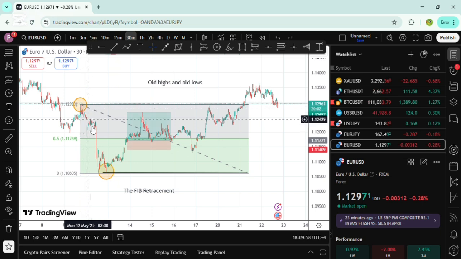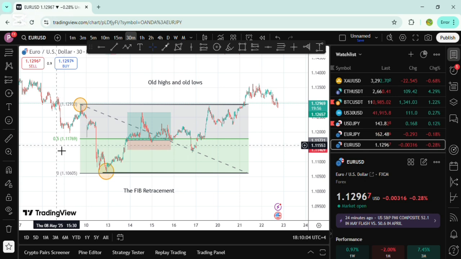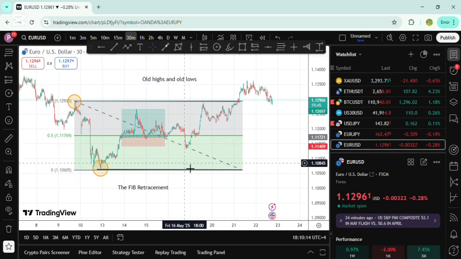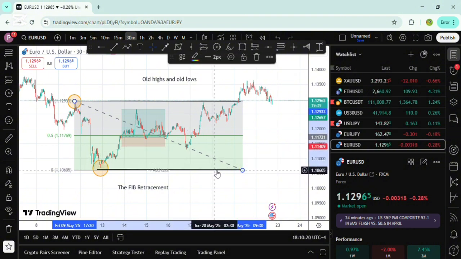The buy stop is the market will trigger you in when the market is going through the discount level to the premium level. The premium level is the top part of the Fibonacci retracement, while the discount level is the lower part of the Fibonacci retracement.